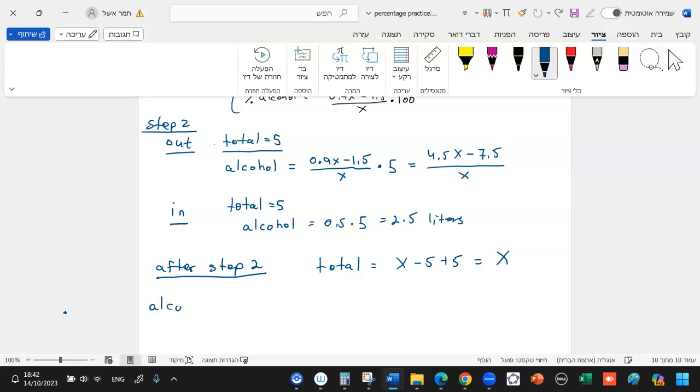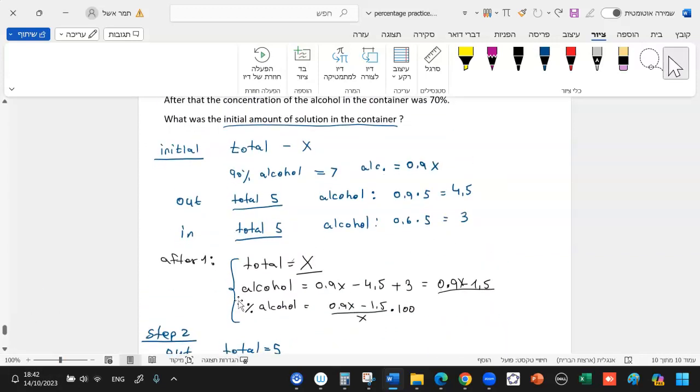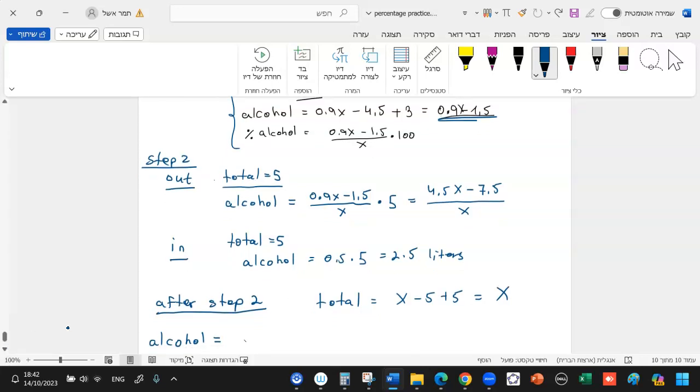The amount of alcohol is this. We started with this. This is the amount of alcohol in the container after the first step at the beginning of the second step. This is 0.9x minus 1.5.